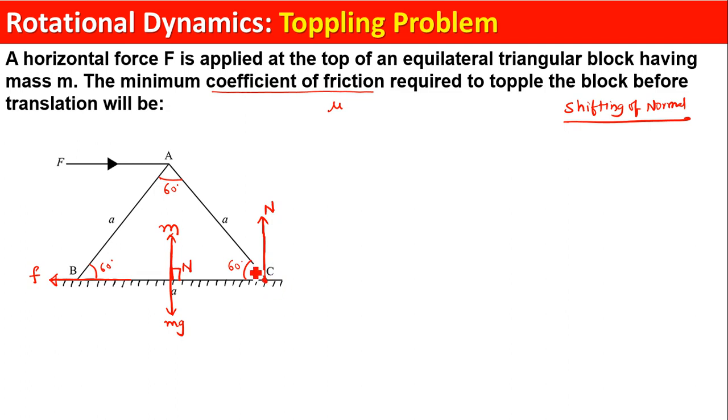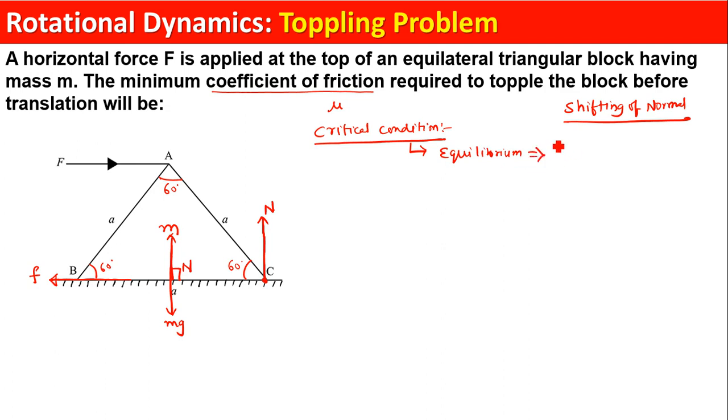Let us understand the critical condition. It is the condition beyond which the toppling starts happening, where the system is in equilibrium.